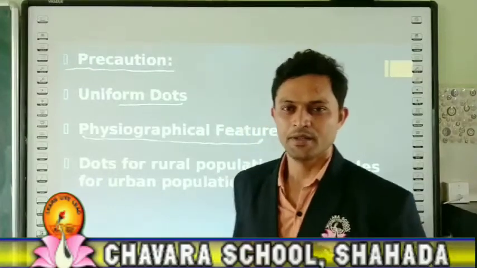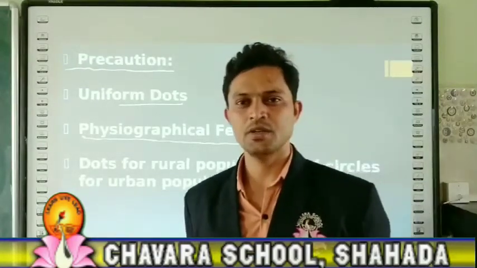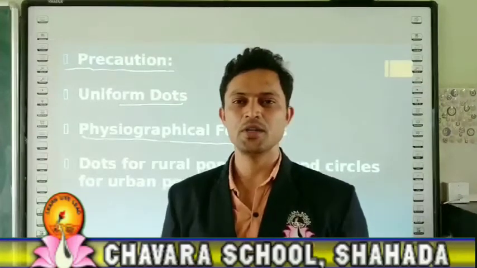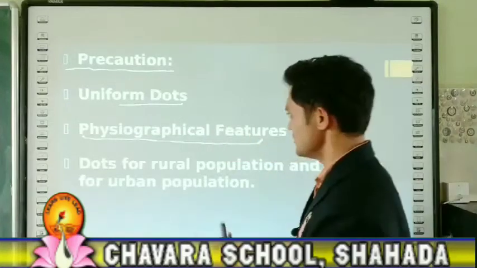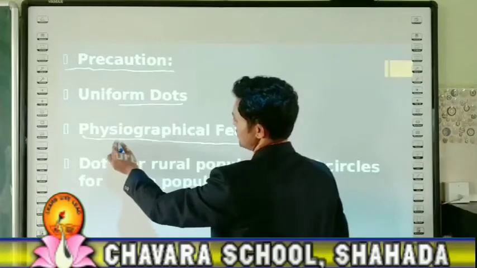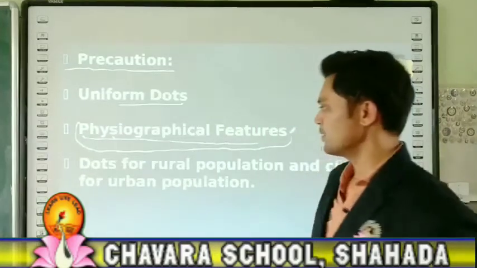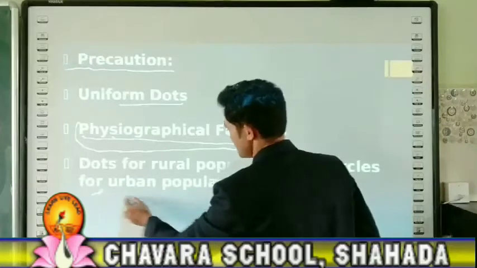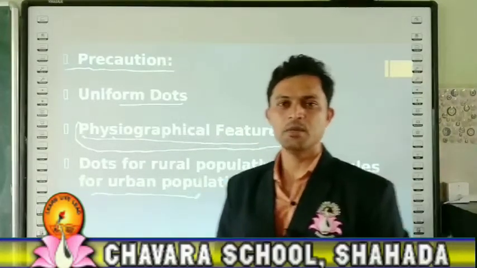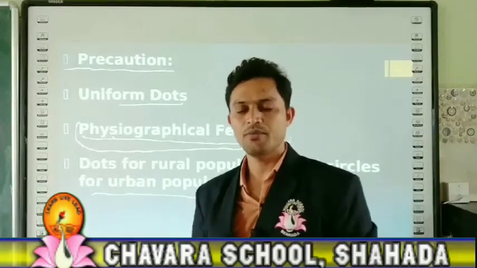For example, the sparse population is found in the mountainous region and the dense population is found in river basins and plains. So for this reason, we need to take into consideration the physiographical features of that particular region. And here one thing you should remember, that generally we use similar size of dots for showing the distribution of variables.